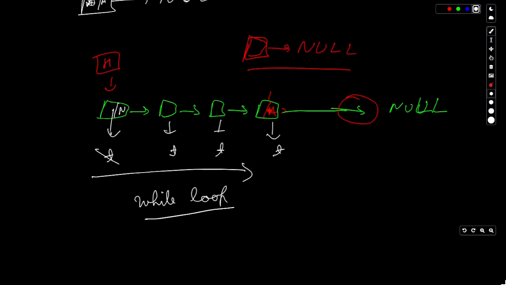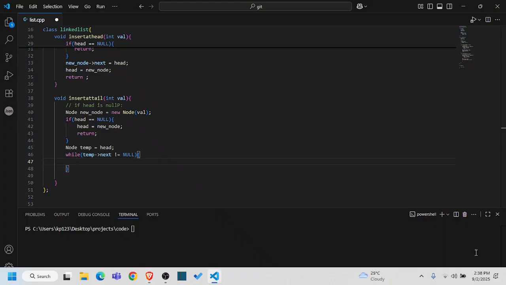When a particular node's next is null, that means it's the last node and we need to stop here. The second thing that we'll be doing is taking our new node, and temp's next will be assigned to the new node that we have already created, and since its next value will always be null, that is how our element will be added at the last.